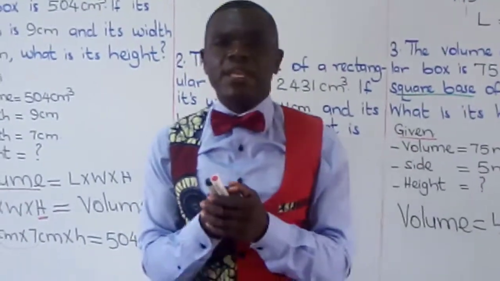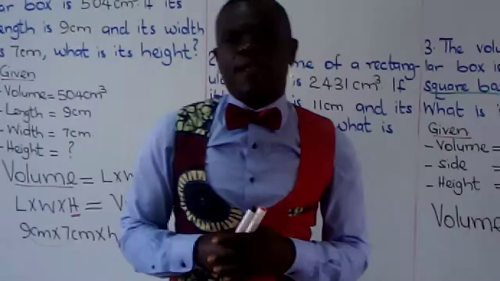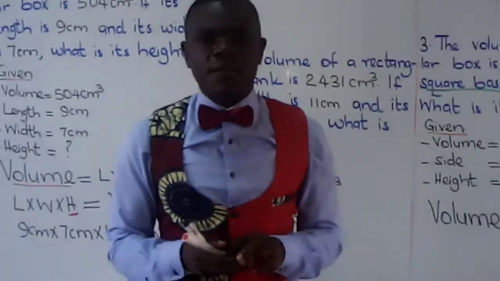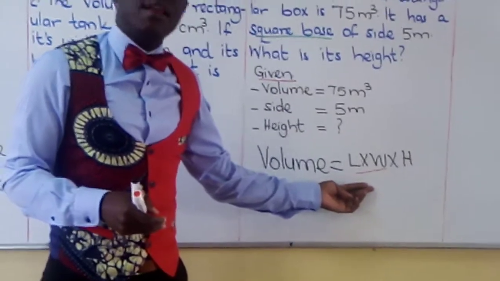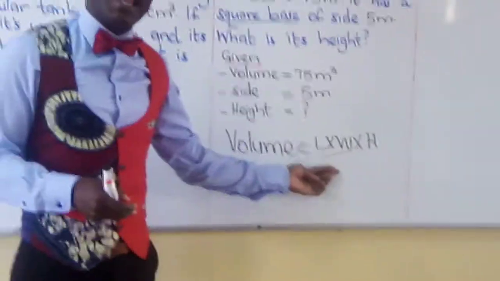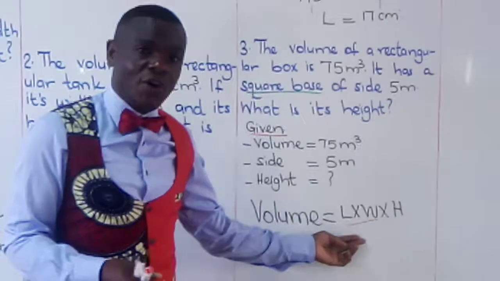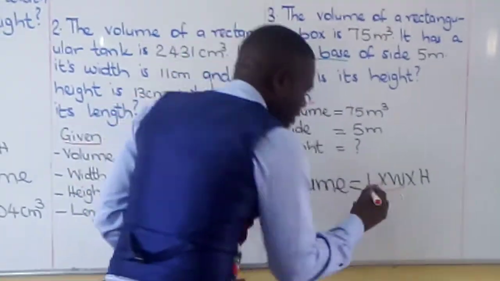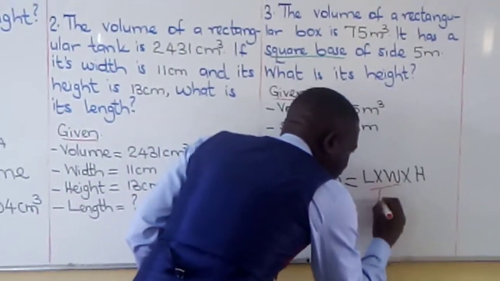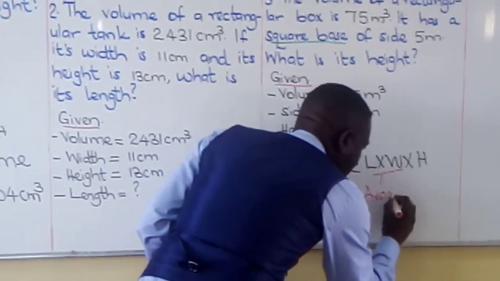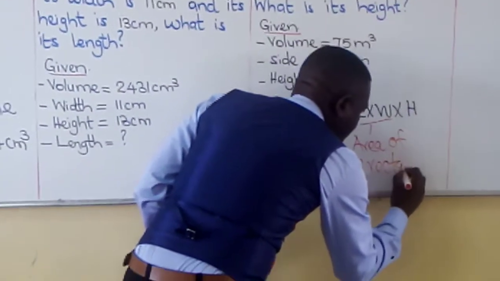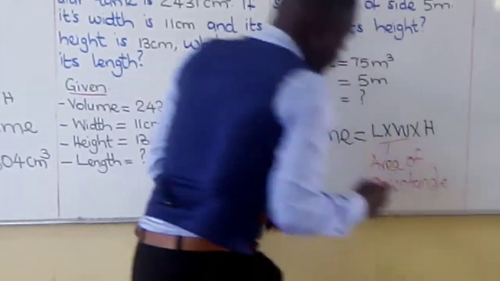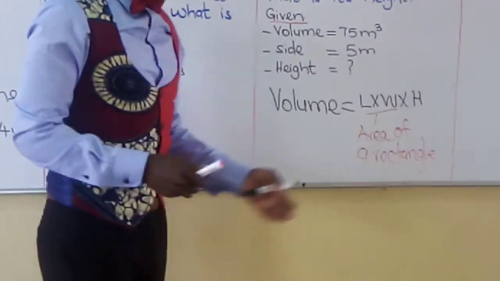John Wayne, help your sister. Very well. Length times width is the formula of finding the area of a rectangle. That one alone is for finding the area of a rectangle.